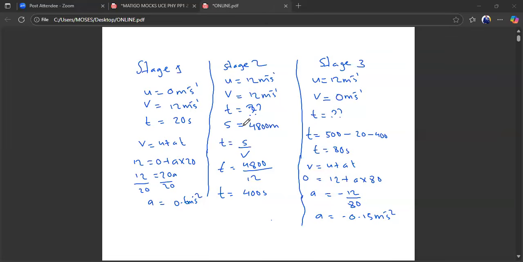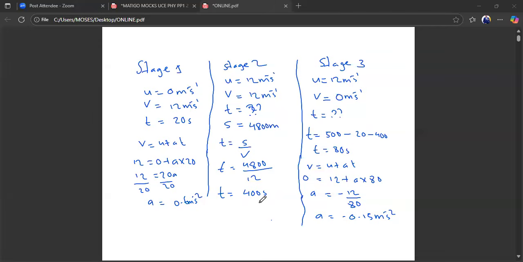But they gave us the distance that was covered in stage 2, which is 4,800 meters. So you can use this distance and the velocity to come up with the time taken when this person is moving with constant velocity. And we have come up with our time as 400 seconds. That is in the second stage.